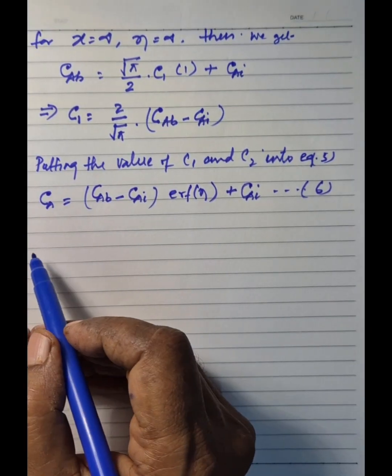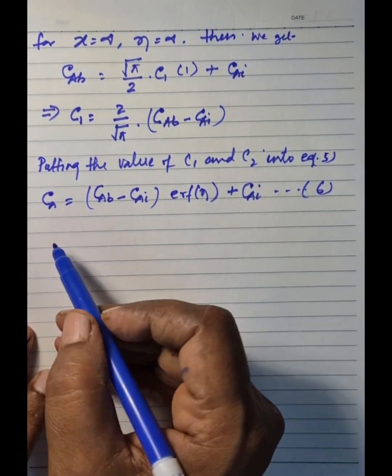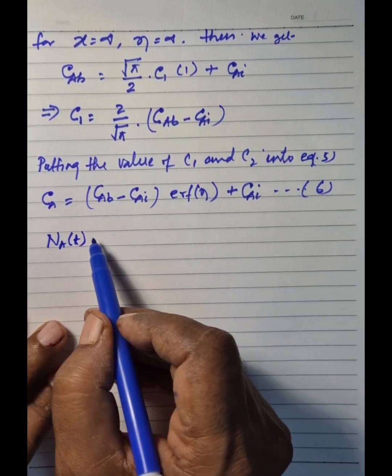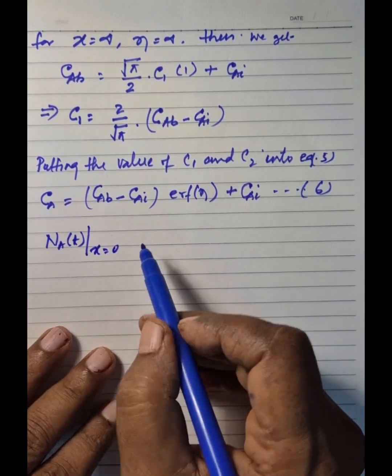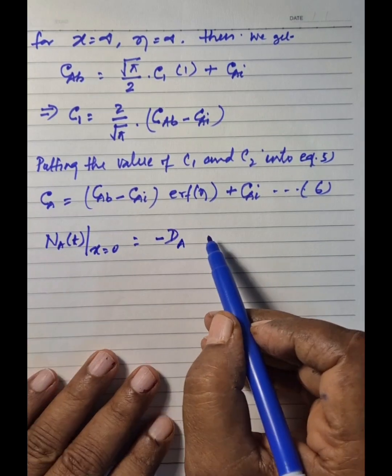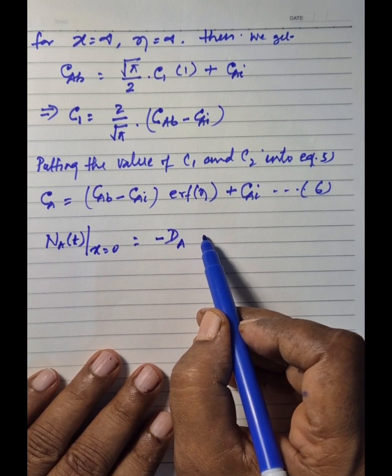the flux of A at any time t at x equal to 0 can be written as minus dA into dCA by dx, as per Fick's first law.